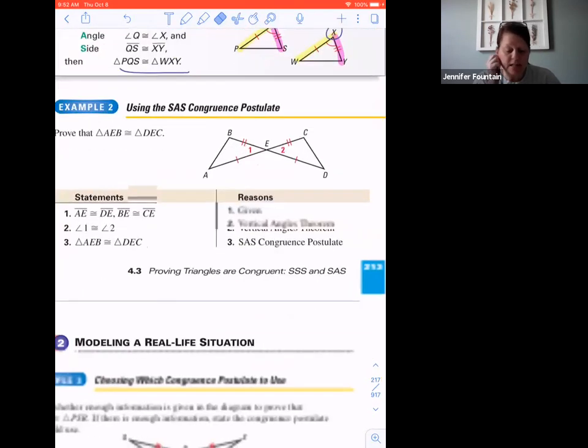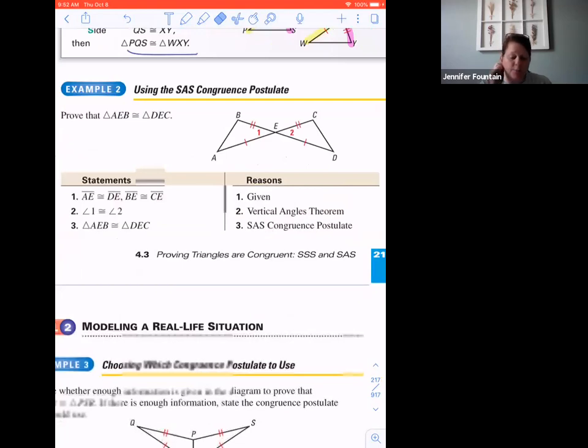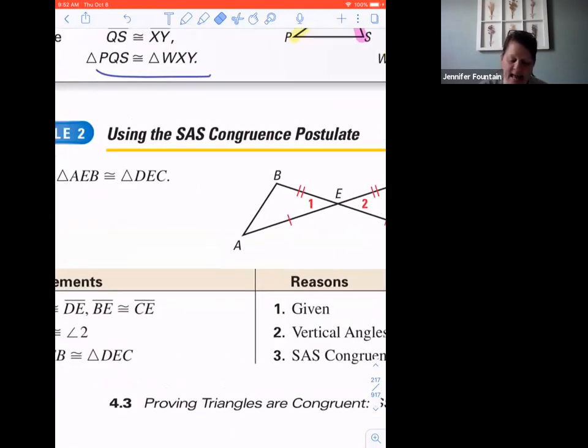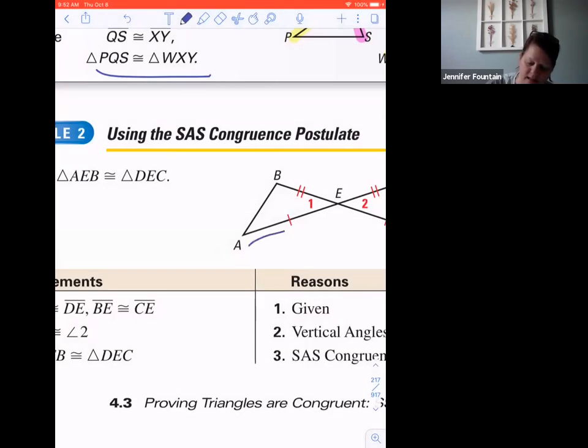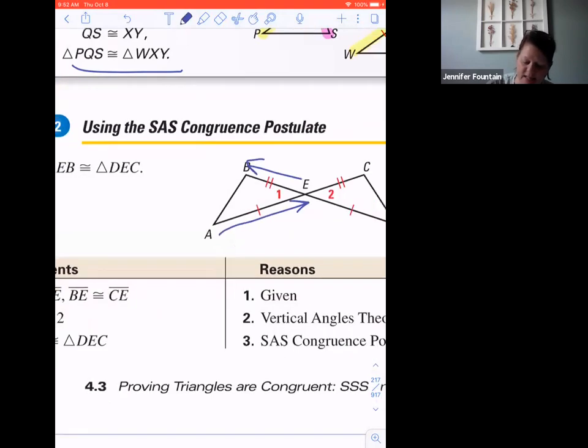So example 2 says, using the side, angle, side congruence postulate, prove that triangle AEB is congruent to triangle DEC. Again, we have to think about the way that that was named. AEB, and then DEC.